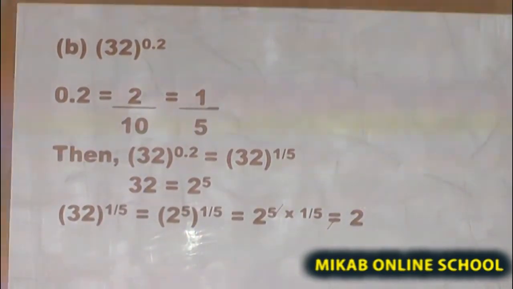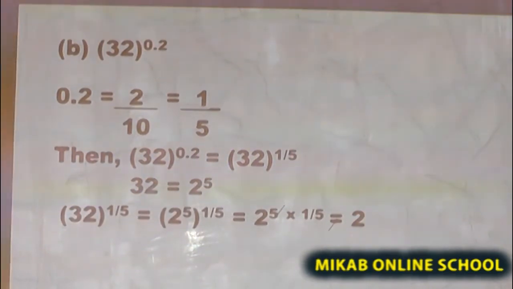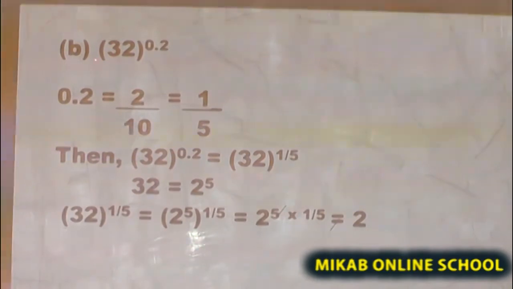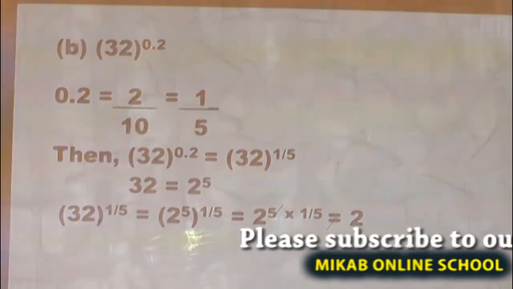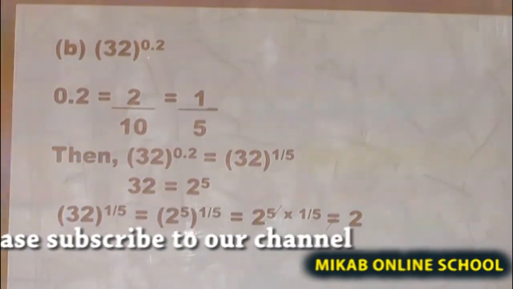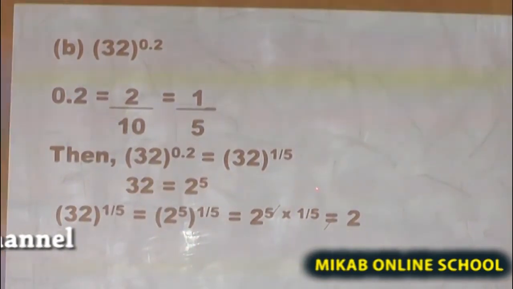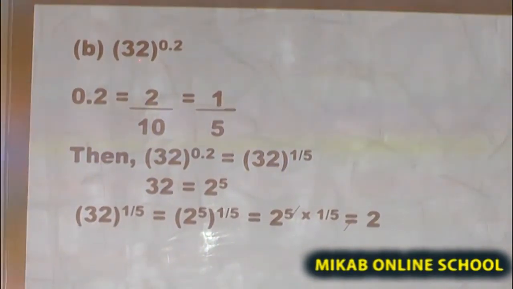Without indicating it, this 2 is raised to the power of 1. Therefore, this expression where we have open bracket 32 all raised to the power of 0.2 is another form of expressing 2. 2 is still the same thing as 32 all raised to the power of 0.2.